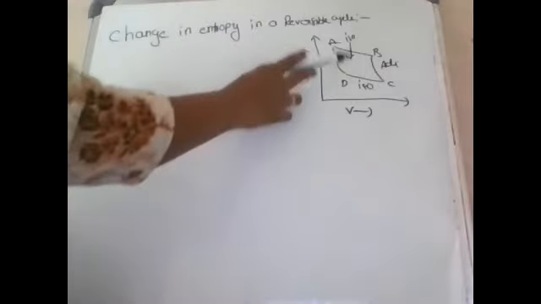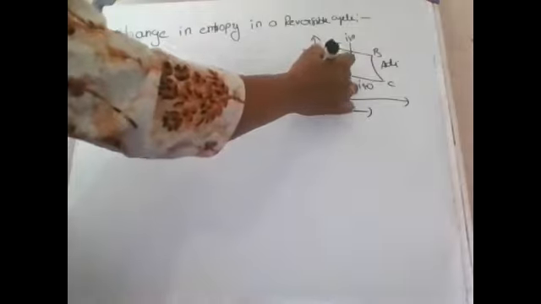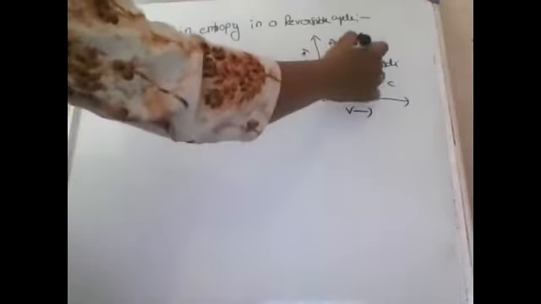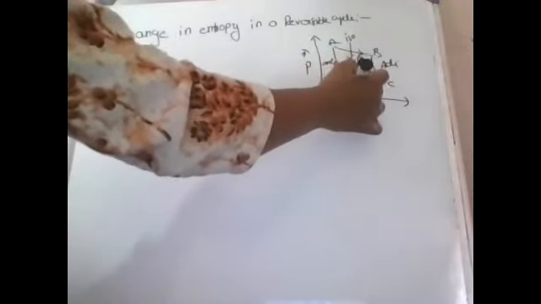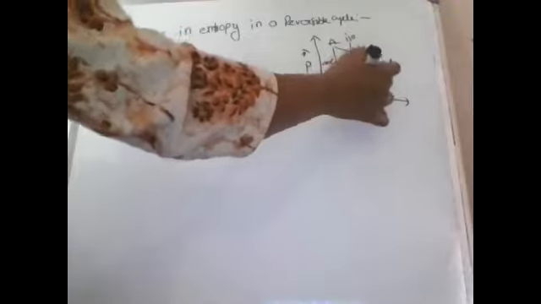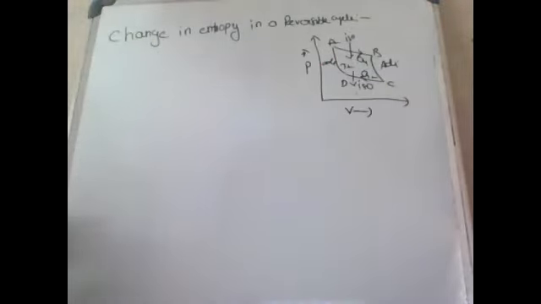So this is isothermal expansion, this is isothermal compression, this is adiabatic expansion, and this is adiabatic compression. Here Q1 amount, here T2 temperature, and Q2 amount. So this is the Carnot cycle.